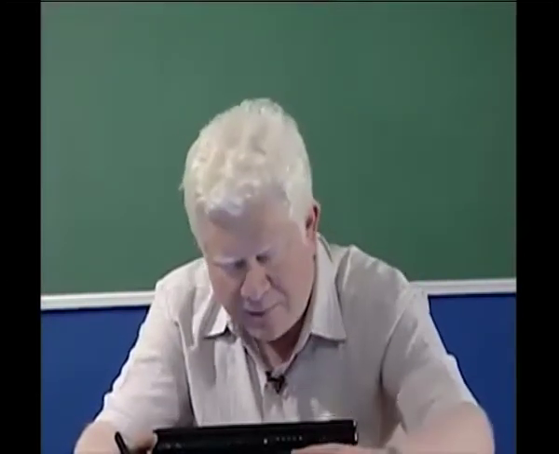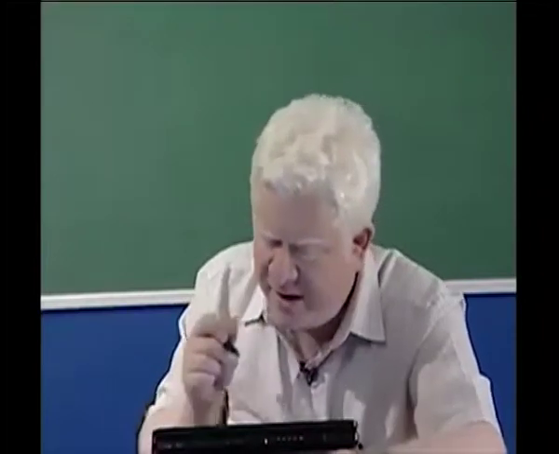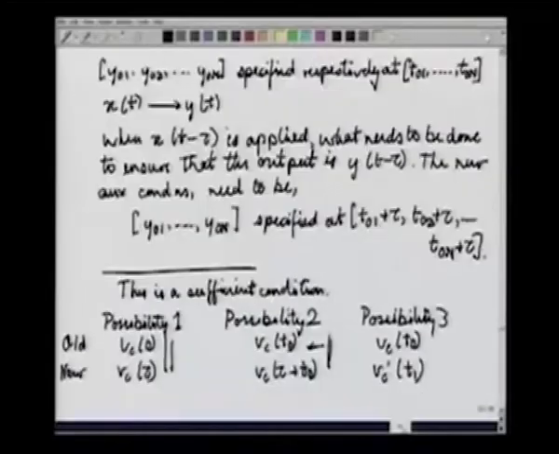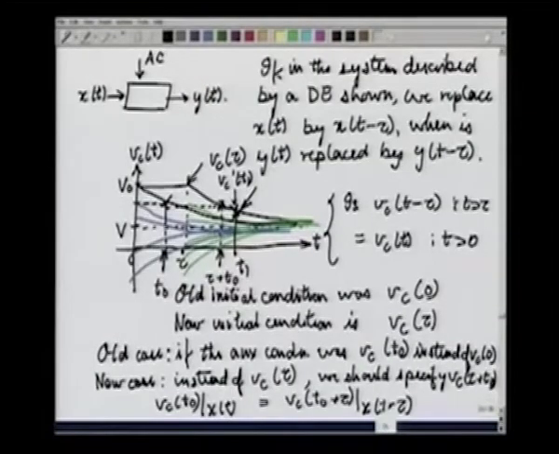You could, for example, have chosen V c of t0 for the new case, possibility 4 if you want. You can have V c of t0 over here, and here you can have V c dash of tau. That means specify this value over here.